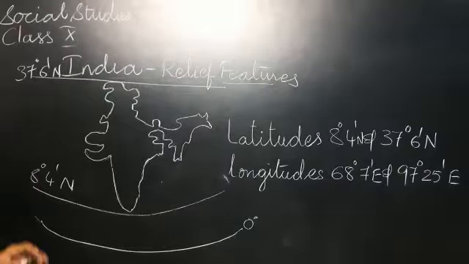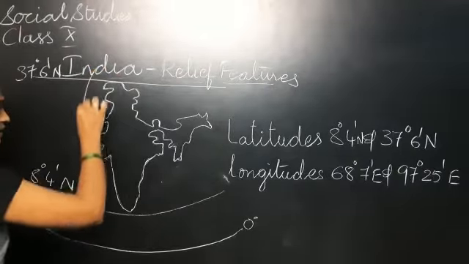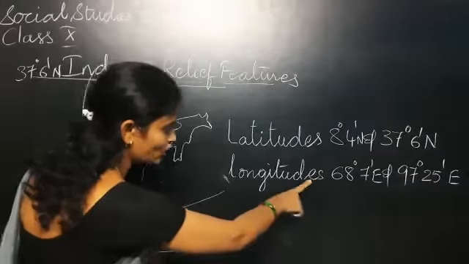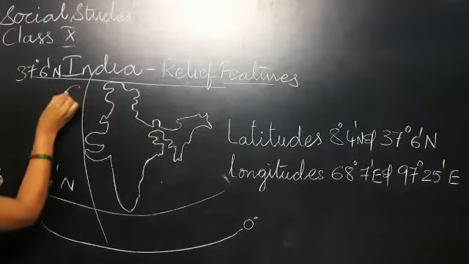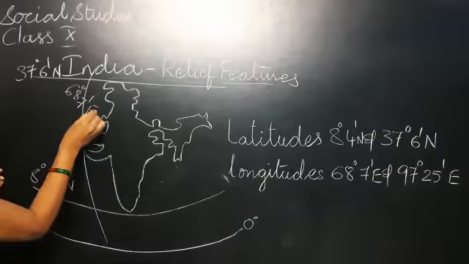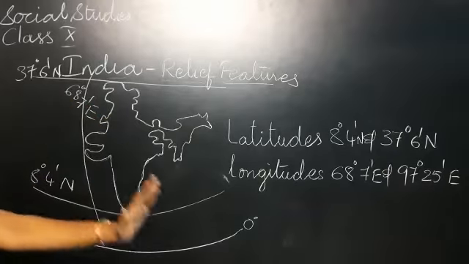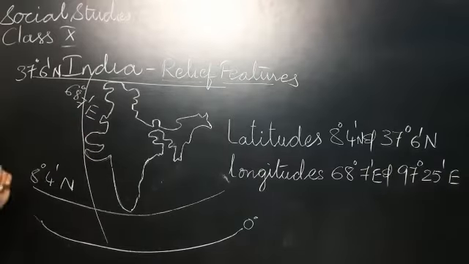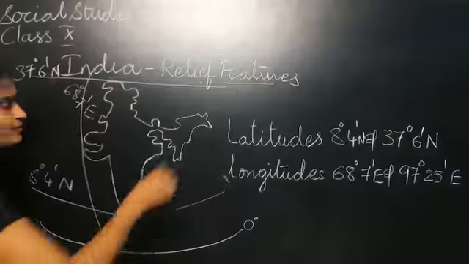Coming to the longitudes, India is located between these longitudes, 68 degrees 7 minutes east. That is in the eastern hemisphere, no? So, must mention east, E. E indicates east.